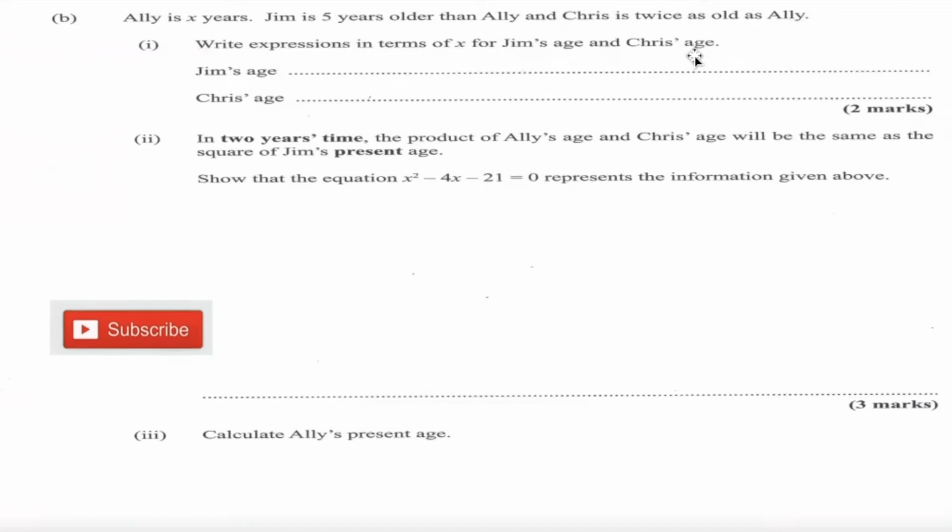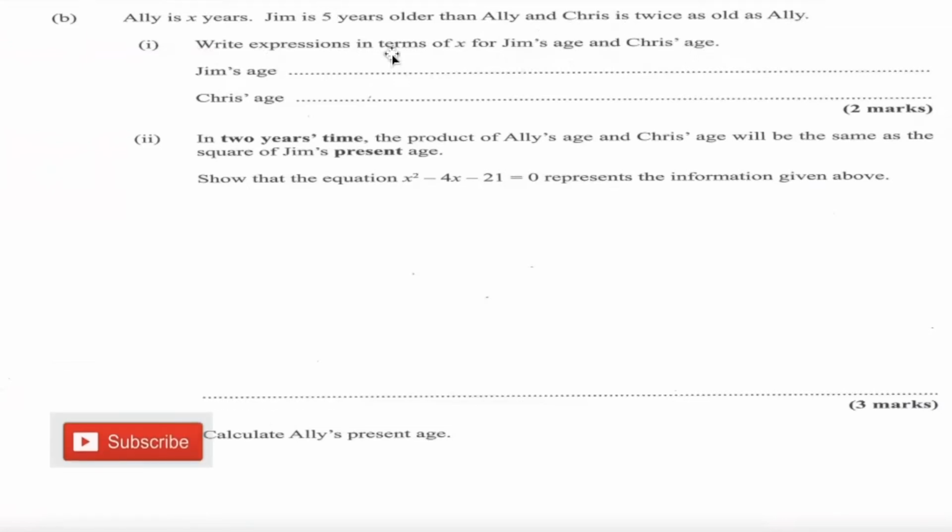Now we have established that the expression is in terms of x. Since they say Jim is 5 years older than, then it means I'll add 5 years to Ali's age. So that means Jim is x plus 5. So if Ali is 10, then Jim is 5 years older, so that means 10 plus 5 to give me 15.